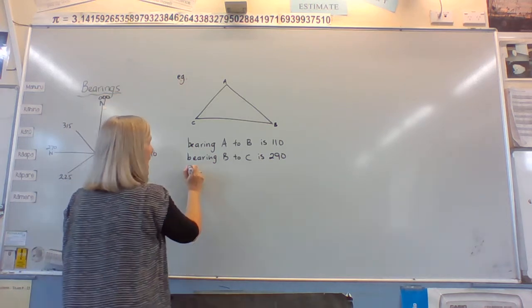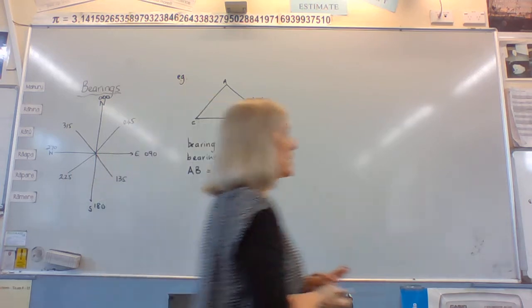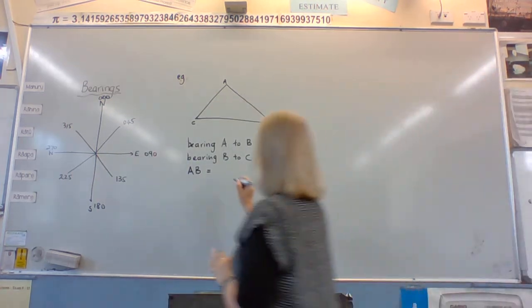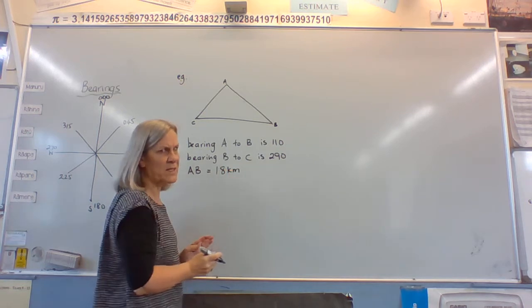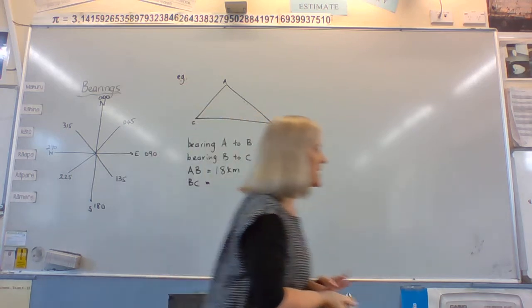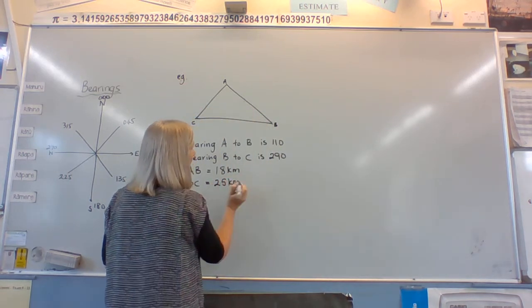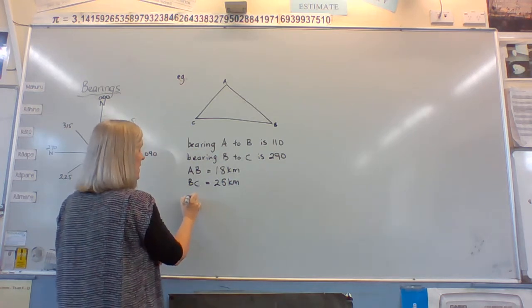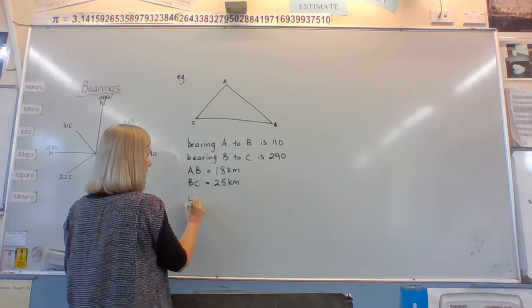They've also measured 2 lengths. They've told us A to B is equal to 18 kilometres. I think that seems like maybe it's a bicycle race. And from B to C is 25 kilometres. They want us to find the bearing.